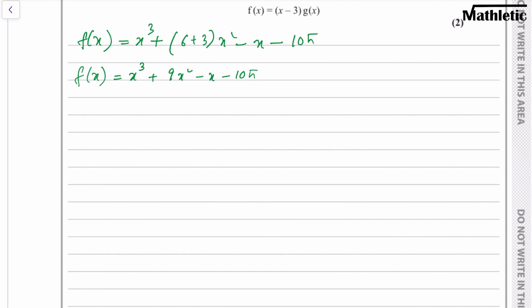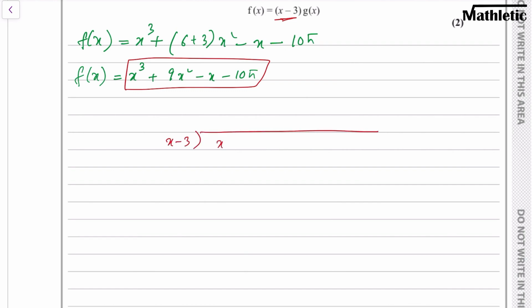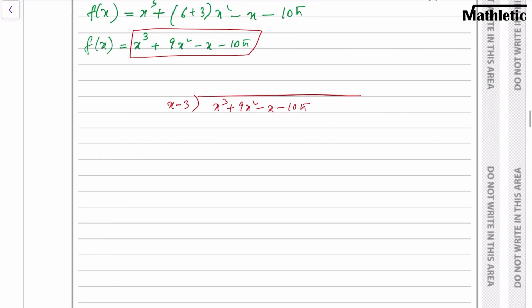I need to use long division, and the factor is x minus 3. So x, you need to multiply with x squared to get x cubed.